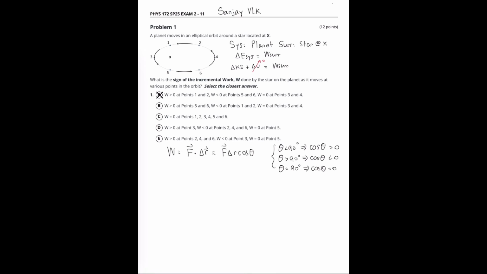So now we need to identify points that are moving away, points that are perpendicular, and points that are moving closer to our star X. So let's start off with our first case. Moving away. It is moving away at points 5 and 6.